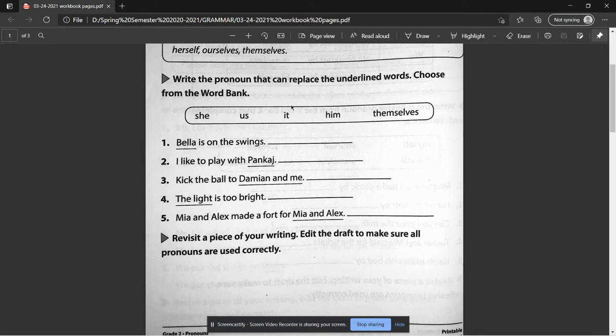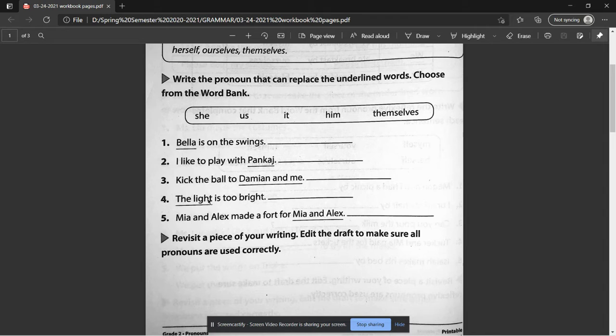That definitely doesn't make sense because it is a pronoun that we use when we're talking about objects. Damien and me are not objects, those are people. So this pronoun does not work. Themselves. Kick the ball to themselves. No, that doesn't make sense. It has to be us. Kick the ball to us.